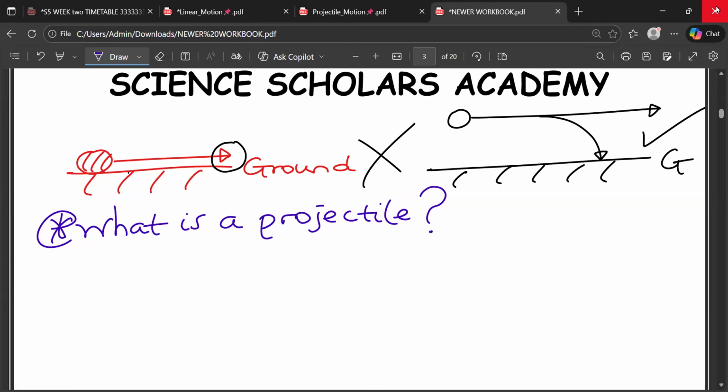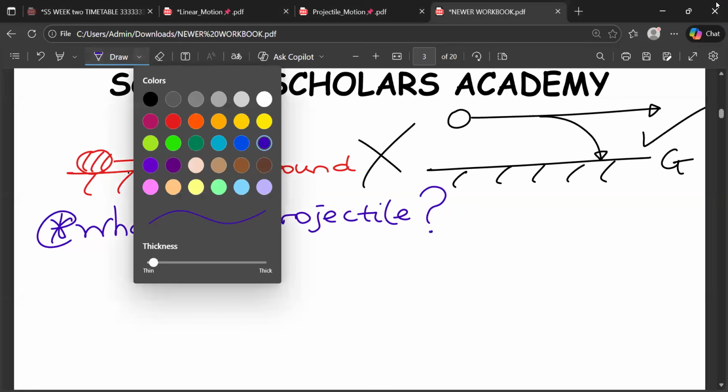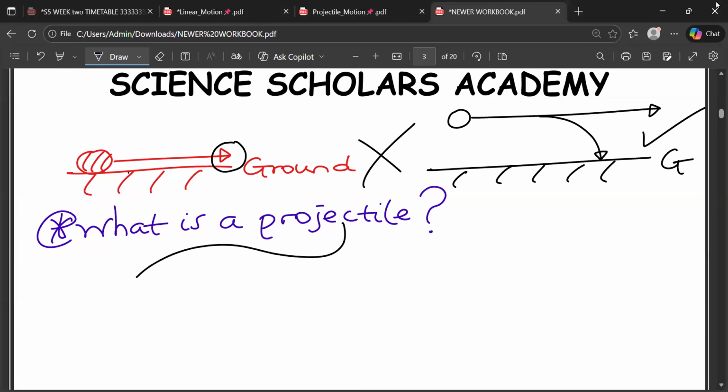Let me see what people have in the chat. The motion of a body from its rest, projecting a body here. You people are just forging things. Okay, let me give you two options so that people choose.